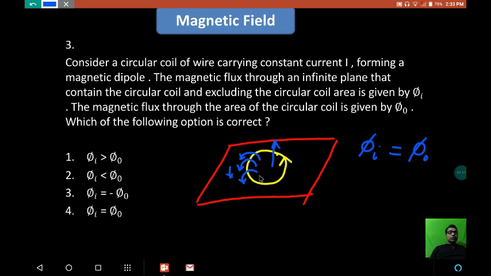The direction from inside is like this and outside is like this, so they are in opposite directions. So the option here is phi I equals negative of phi O. So option 3 is the correct answer in this problem.